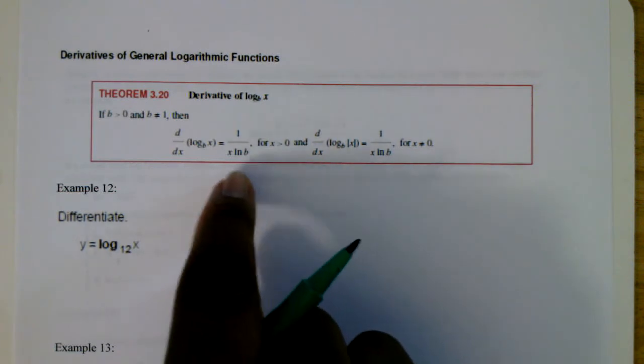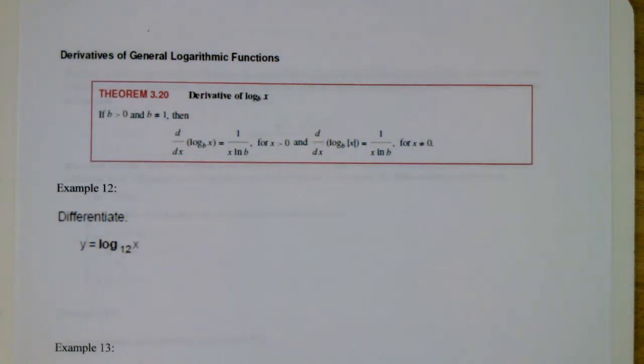And that's this. Okay, so now let's apply that theorem to example 12. That's going to be this. Y is equal to log to the base 12 of x. And I want its derivative.